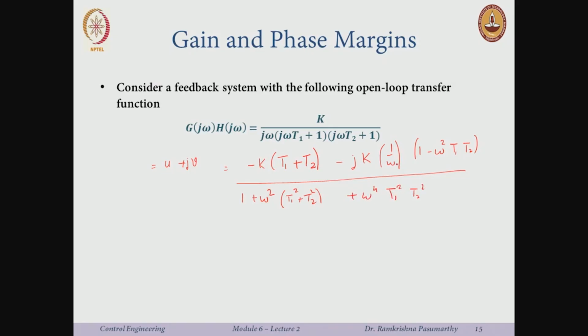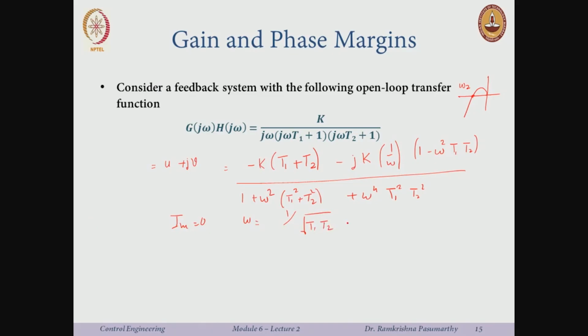So, if I look again at that plot which I had shown, and if I say I am interested in finding the gain margin, at this omega 2 which I defined earlier, the imaginary part should go to 0. The imaginary part goes to 0 when this term goes to 0, which happens when omega is 1 over square root of T1 times T2.